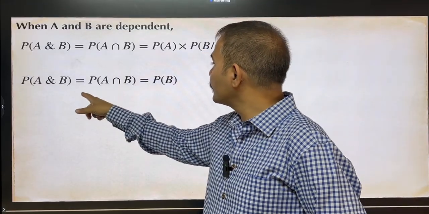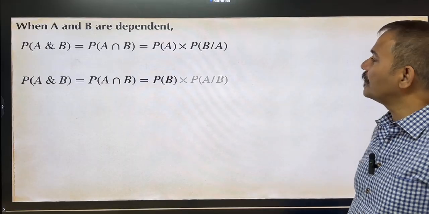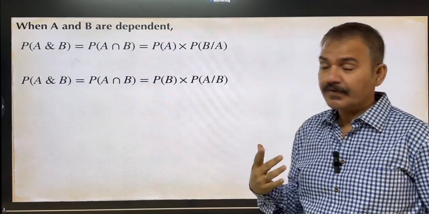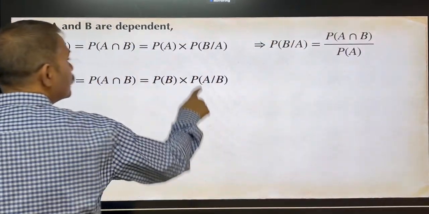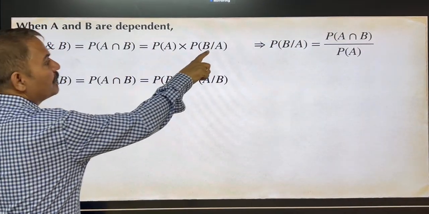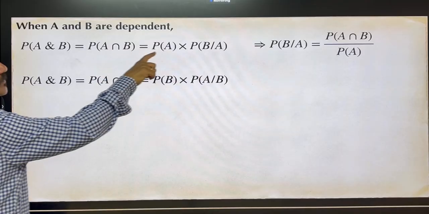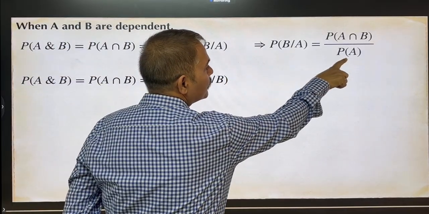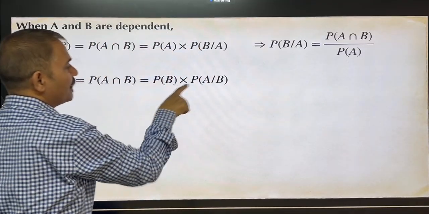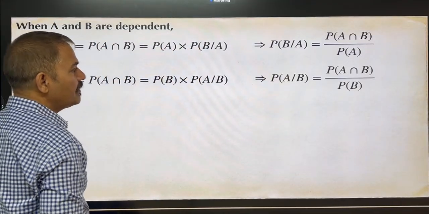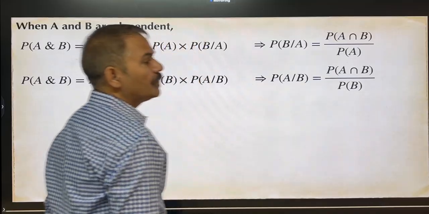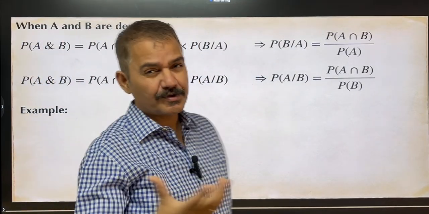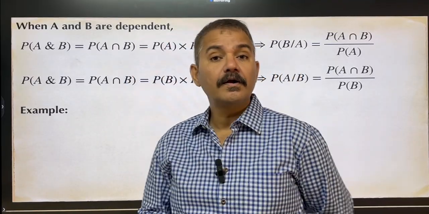And also, if B has happened first, then it will be multiplied with A, given that B has already happened. Fine? Now, using this formula, probability of B when A has happened will be A intersection B over P(A). So if A has happened, it becomes your total, and if you're finding A given B, then P(B) will come down. We can use these two formulae to find the conditional probability, especially when you have questions related to Venn diagrams.